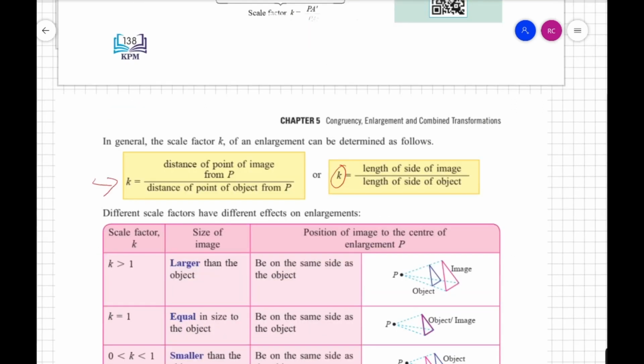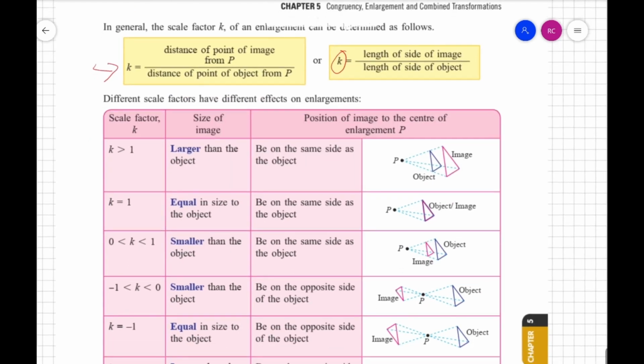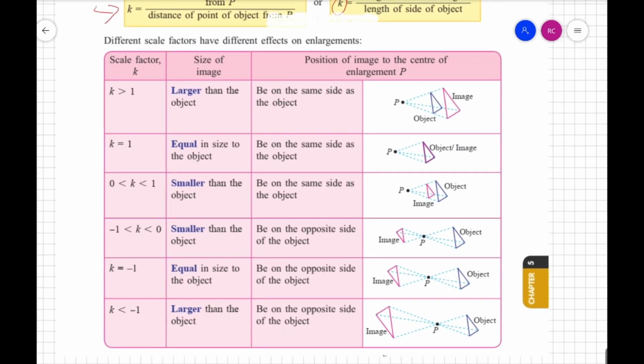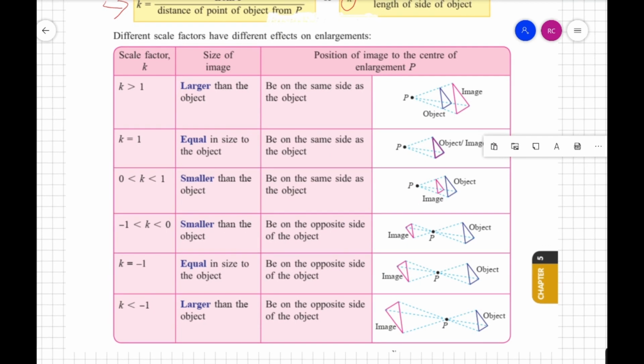Now we look at the table given. Different scale factors have different effects on enlargements. If you look at the first column, the scale factor K, when K is greater than 1, the size of the image will be larger than the object. You can see this is how it looks. When K is equal to 1, the size of the object is the same as the size of the image.